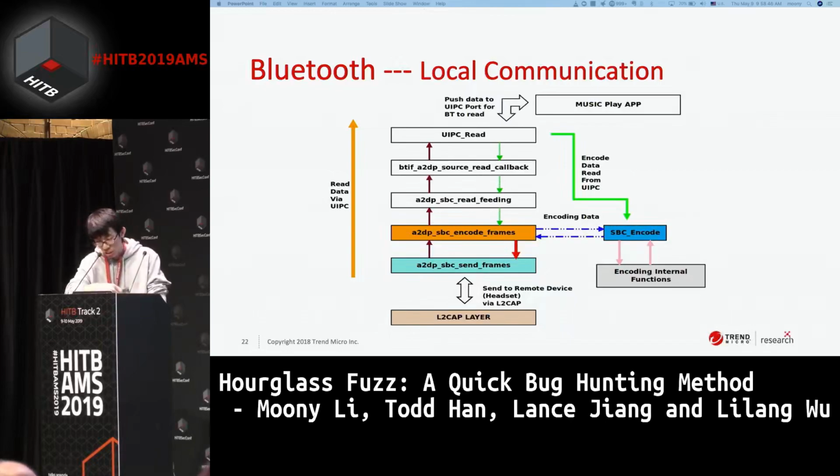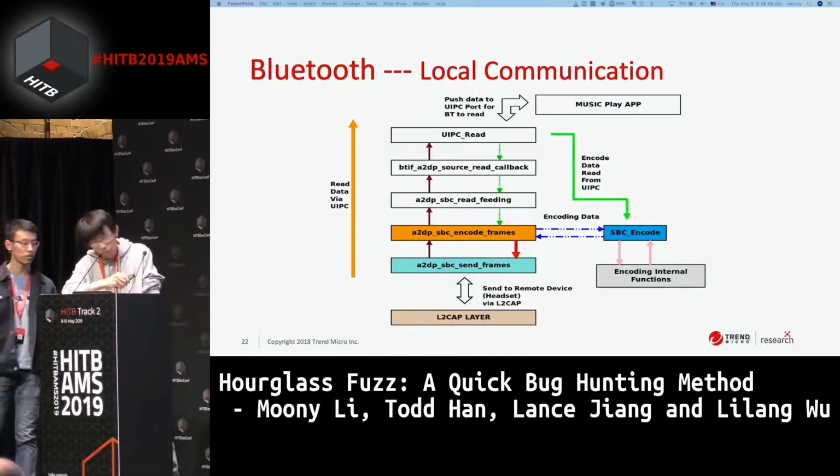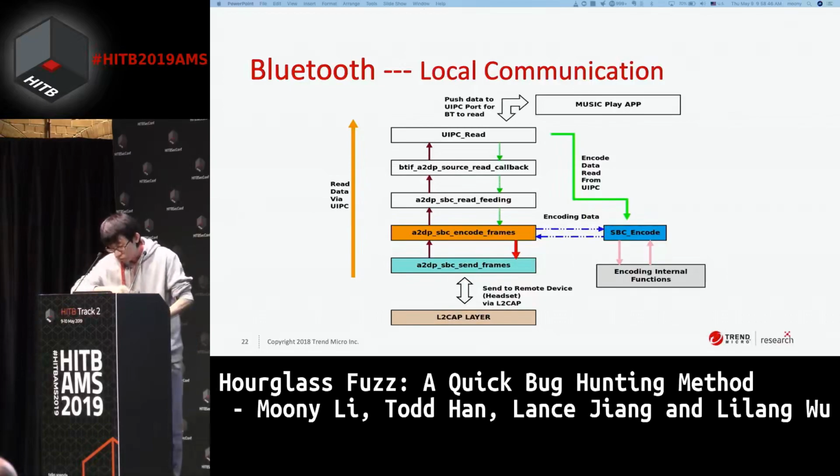Here we discuss the scenario about playing music. This figure gives us the overview of how it works. Here we can see when sending data frames to headphones, the SBC send frames will invoke the A2DP SBC encoder first.